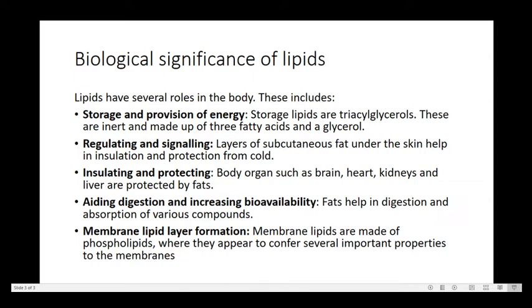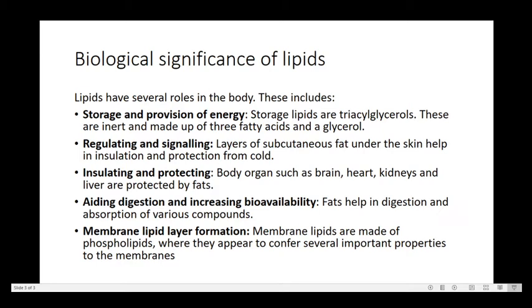Triacylglycerol also help the body to produce and regulate hormones. For example, adipose tissue secrete the hormone leptin, which regulates appetite. In the reproductive system, fatty acids are required for proper reproductive health.